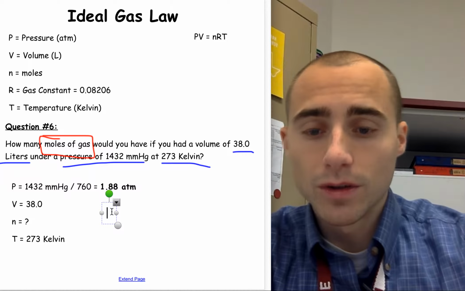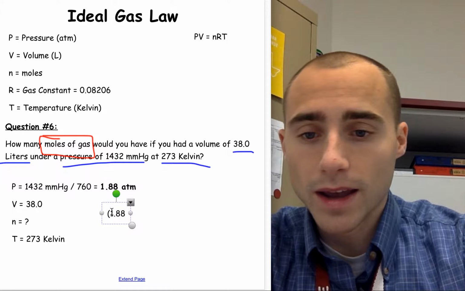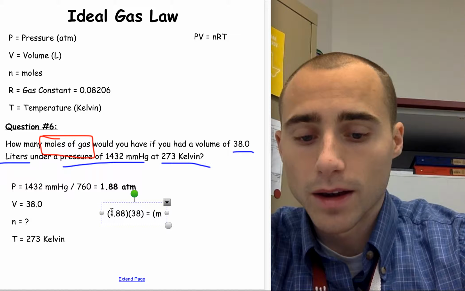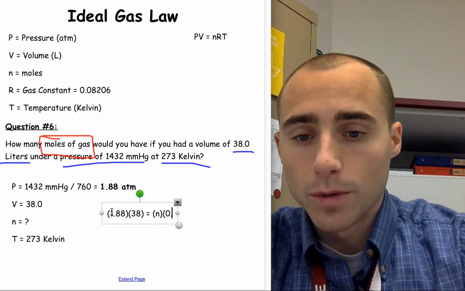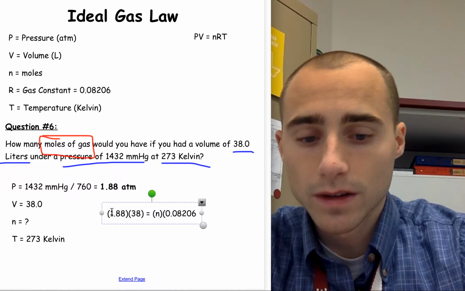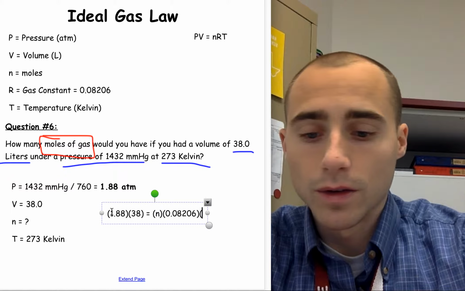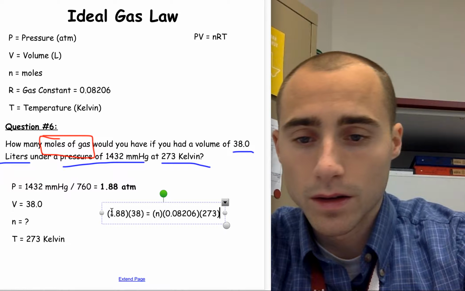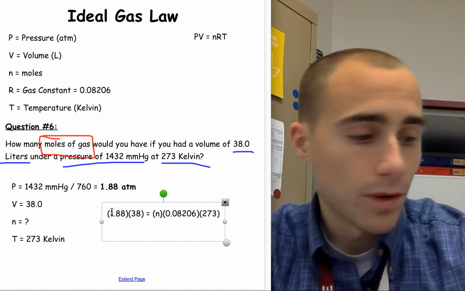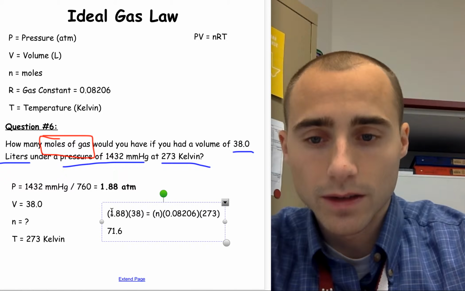All right, now let's put it into our equation format. You have 1.88 multiplied by 38, set equal to, we don't know our n, 0.08206, and then 273.